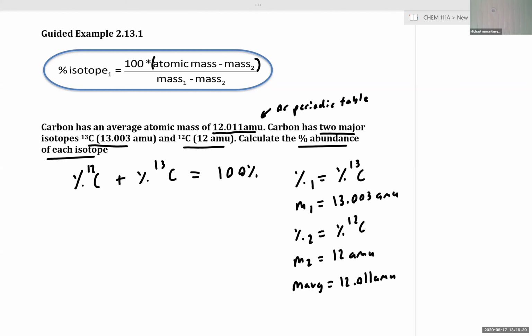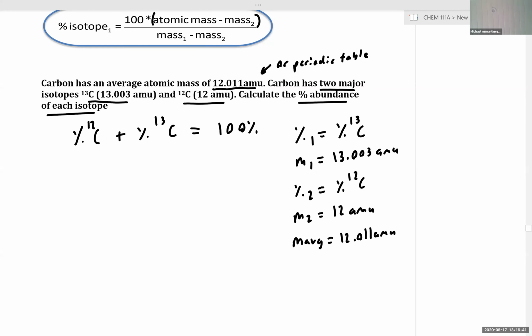Okay, so now that we have all of our variables set up, we're going to use this equation that we derived previously. The percentage of isotope 1, which is the percentage of carbon 13, is equal to 100% times the atomic mass, which is 12.011 AMU, minus the mass of isotope 2, which is 12 AMU.